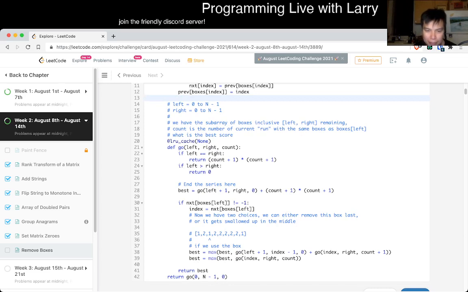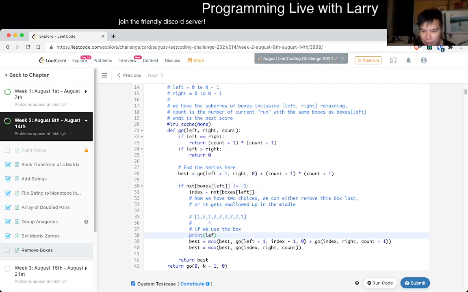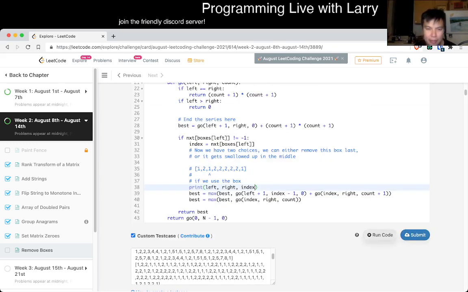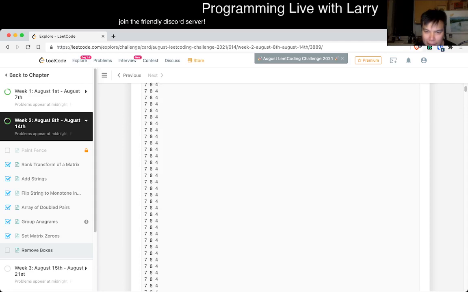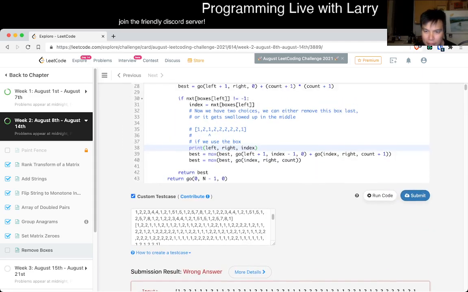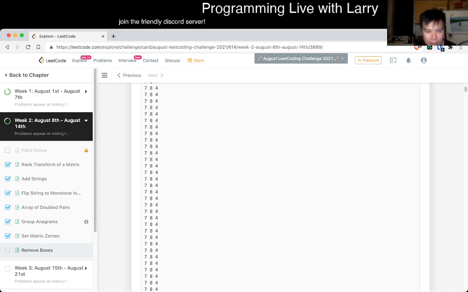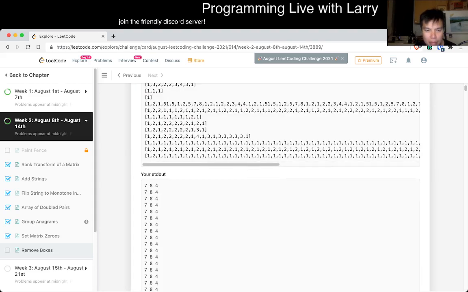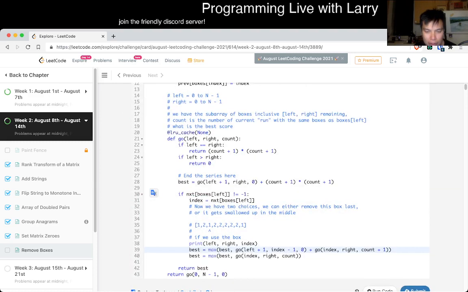What happened here? Left, right, index. Apparently I'm doing something where the index is weird. Oh, did I miss something? Because now it is left, right, and the index is what? The index is 4.